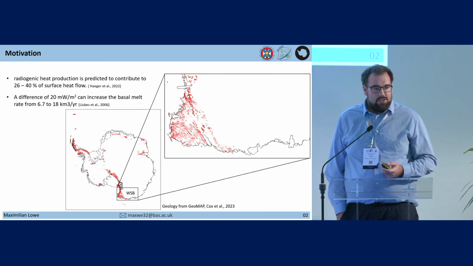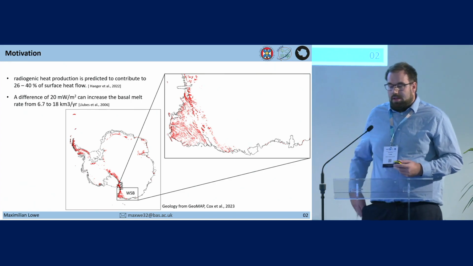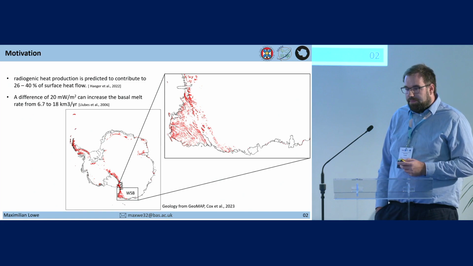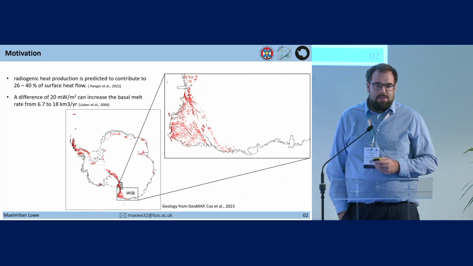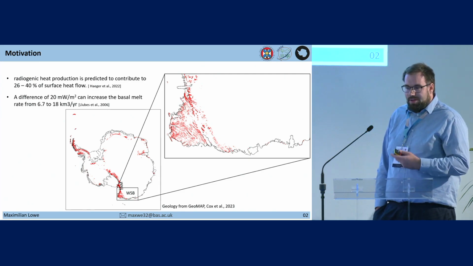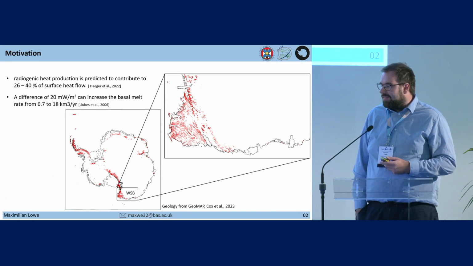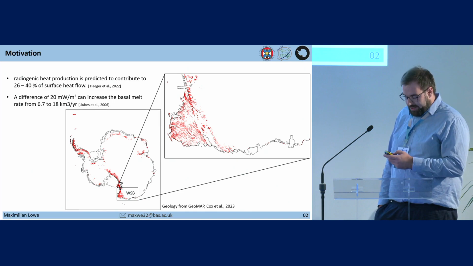It can also change the rheology of the ice and, as a consequence, contribute to the instability of the ice sheet. So I think that's a good rationale to study subglacial geology.